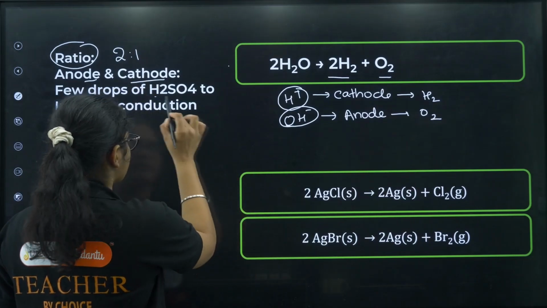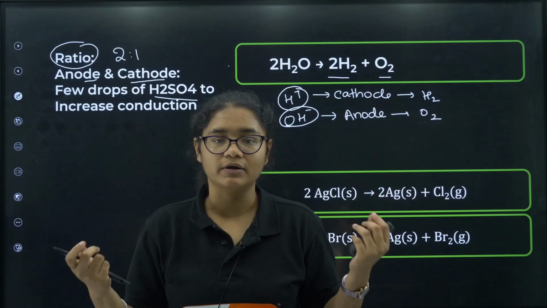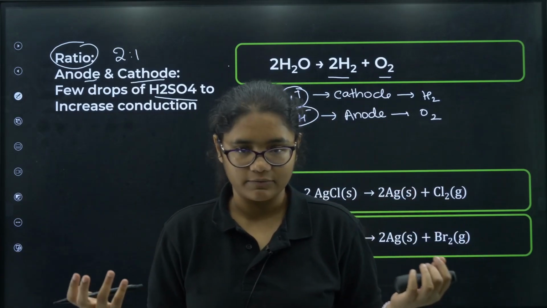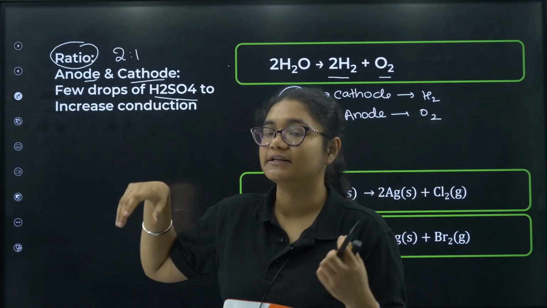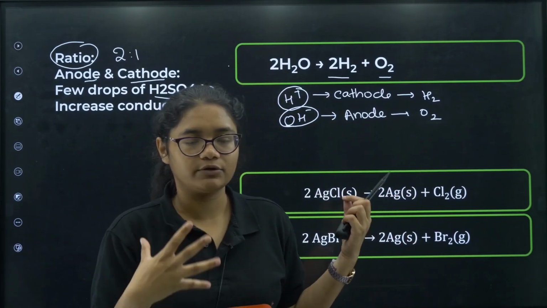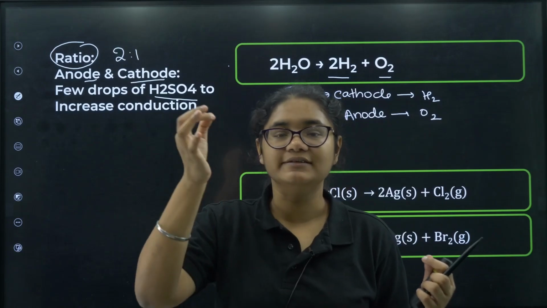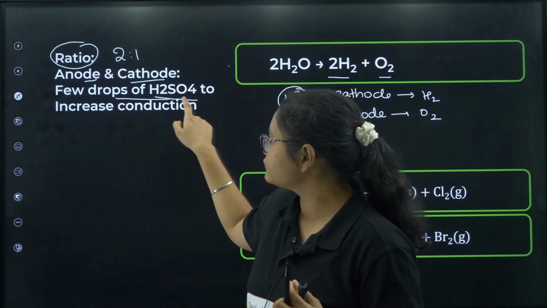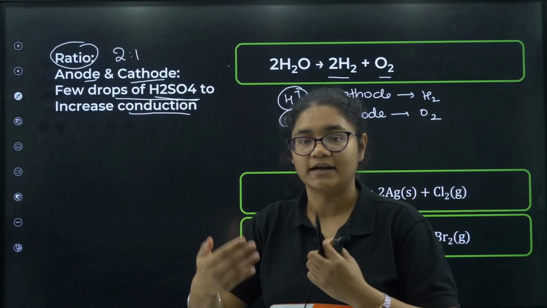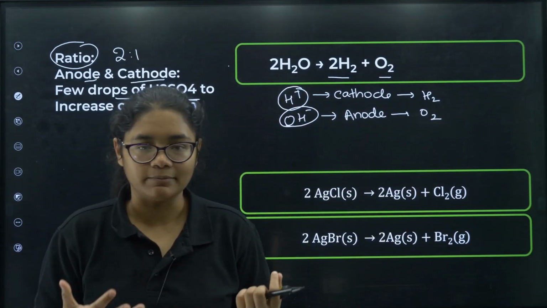Next, the question is asked that distilled water is a neutral solution, right? Then why do we add some H plus to it? Whenever we do this electrolytic decomposition of water, we add some amount of H plus, because when you add a few drops of H2SO4, the number of ions increases, conduction will increase, and the reaction will take place faster.